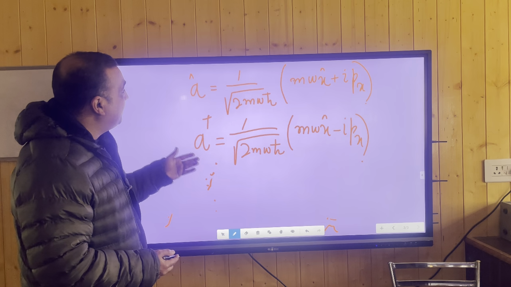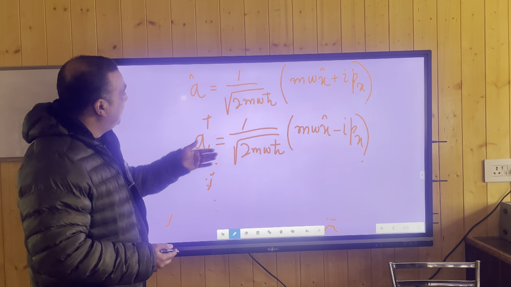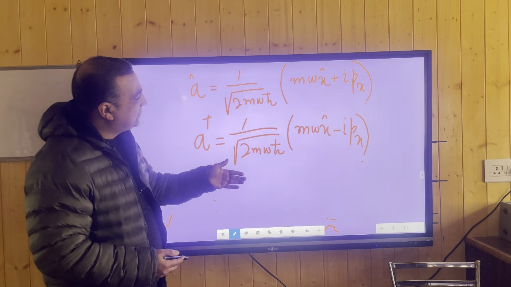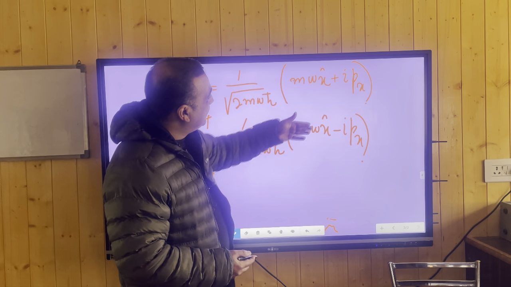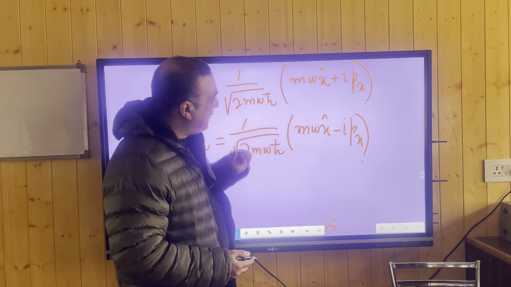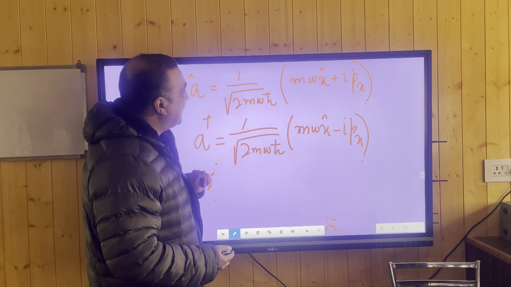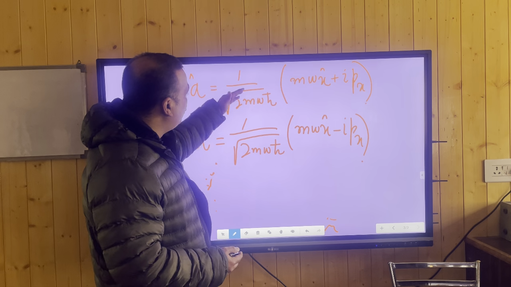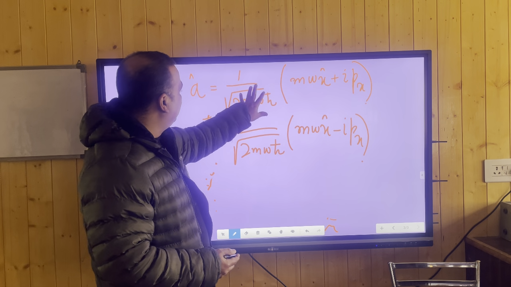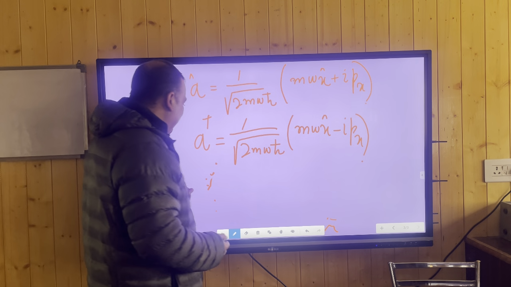We can see easily from these equations, if I add up these two equations, the i p x and i p x terms are going to die. So we'll be left with these first two terms, so we will have 2 times the first term that we have in the brackets.